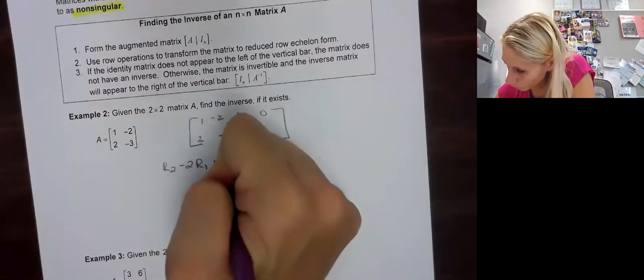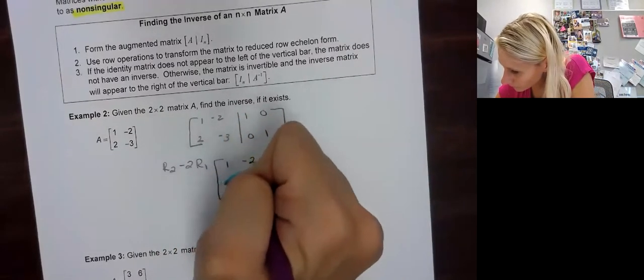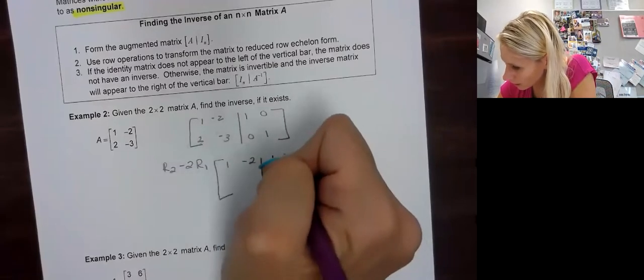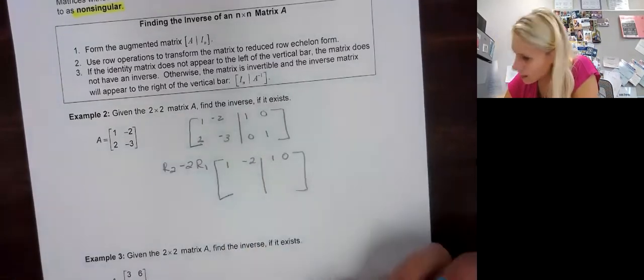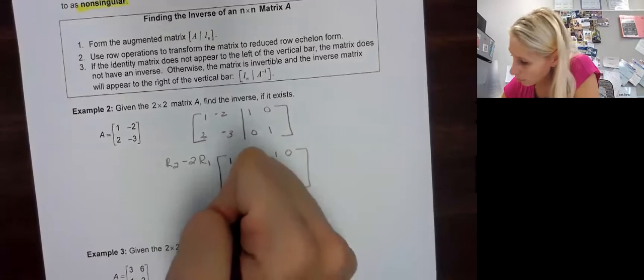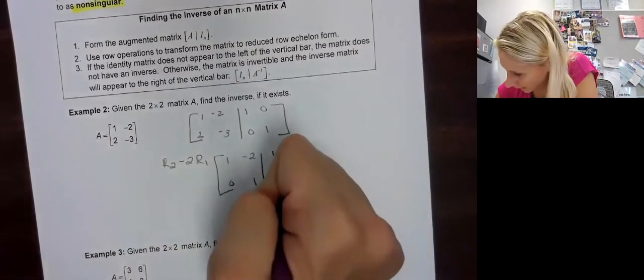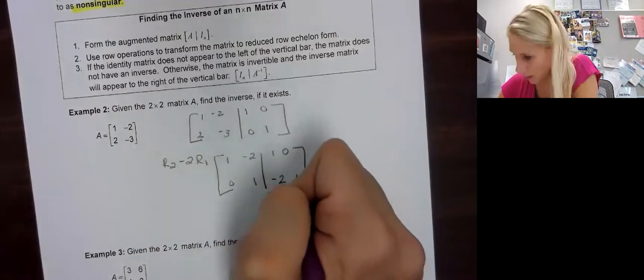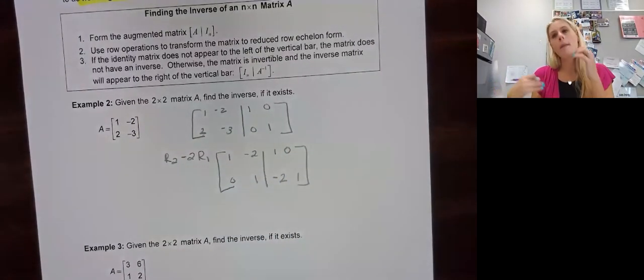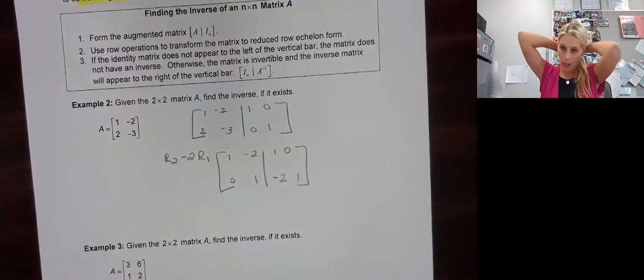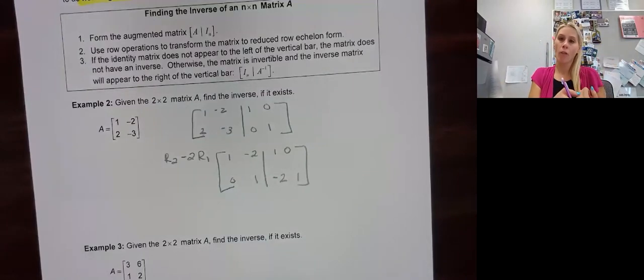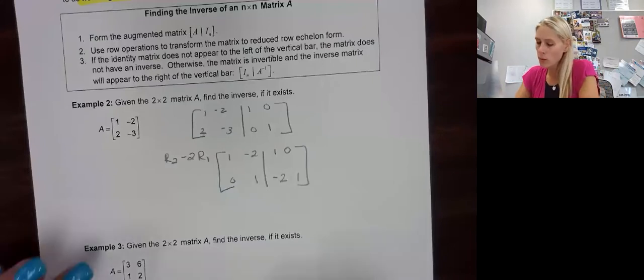Okay, when we do that, we end up with 0, 1, negative 2, 1. I did not perform the operations right now because we've practiced this before, so we should be okay with it on the side, and I'm just showing you.